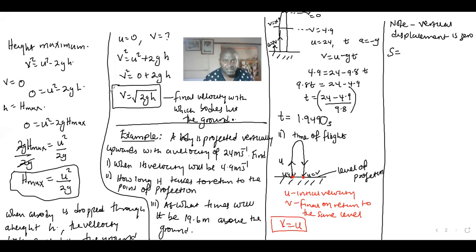Let me see who is available. Shakira Birunji, give me the vertical displacement for a body that has been thrown vertically upwards. Shakira, give me the vertical displacement for a body that has been thrown vertically upwards.